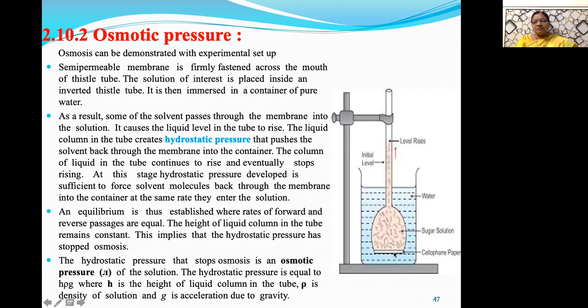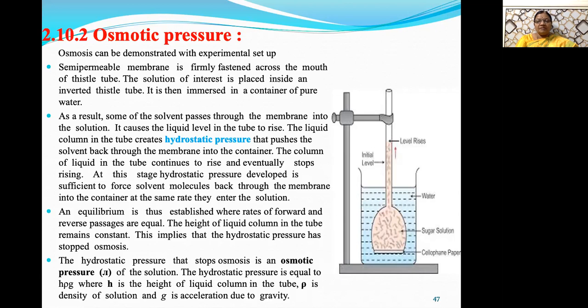Now, in this case, which is the forward passage? When equilibrium is established, the rate of passage of solvent molecules from the outside container through the semi-permeable membrane into the sugar solution is the forward passage.